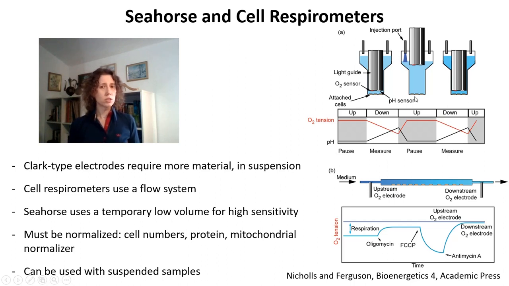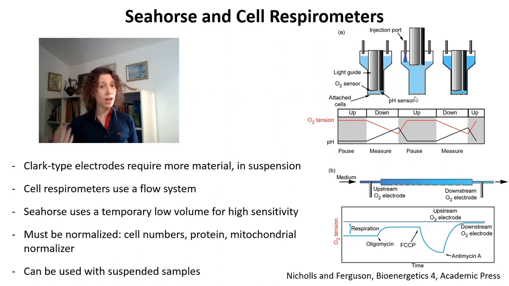I personally don't think that's the best idea if you have access to a Clark-type electrode, because you're changing your suspension. So if you have isolated mitochondria, they're normally in suspension. By plating them, you're adding a complicated factor to your experiment, which is sticking them there. Also, the consumables for the Seahorse system are a lot more expensive than Clark-type electrodes that don't really have consumables.